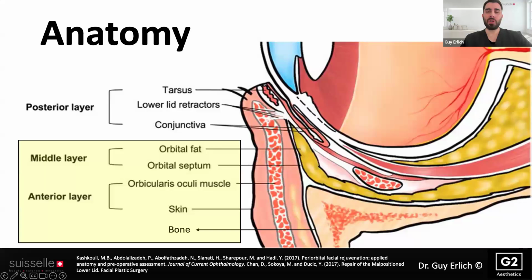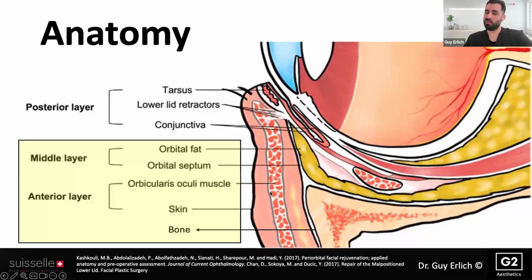But when we are speaking about the eyelids and the periorbital area, we must remember that underneath, or posterior to, all of these layers, we have the eye globe, and the eyelids have different histological and anatomical correlation. So we can see the anterior layer of the eyelids composed of skin and muscle.